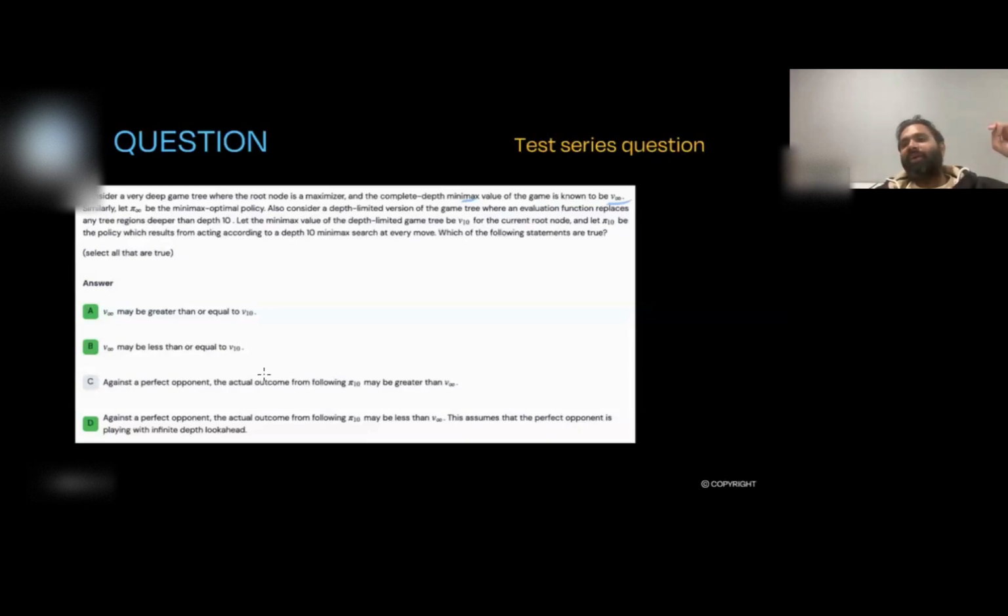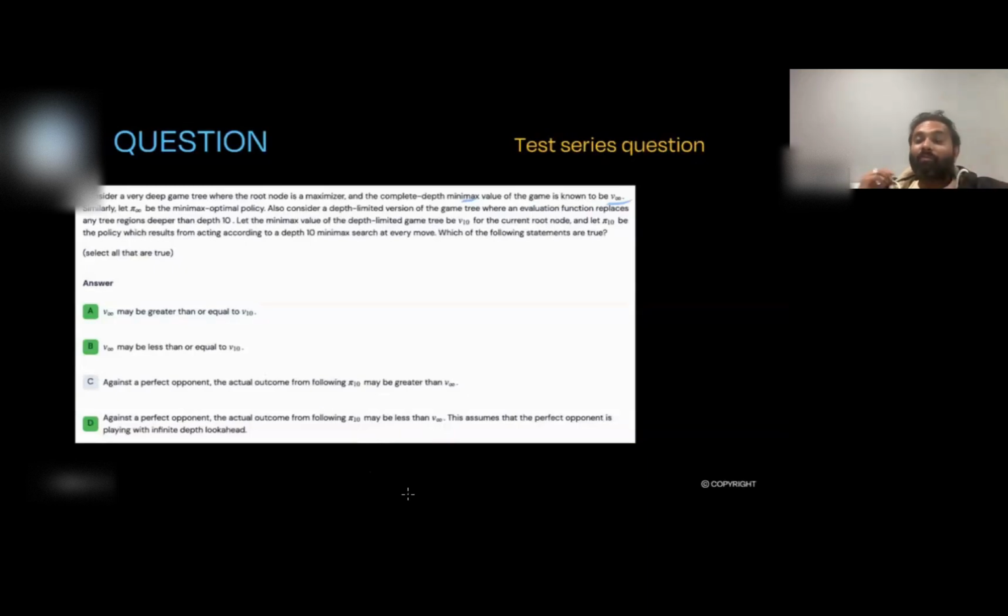So against the perfect opponent, it is better to employ the pi alpha strategy, where you search the entire tree and not the depth limited version. So C is incorrect, that against the perfect opponent, the actual outcome of following pi 10 will not be greater than V alpha. If you apply pi 10, the search strategy of the depth limited version of 10, then it will not be greater than V alpha.